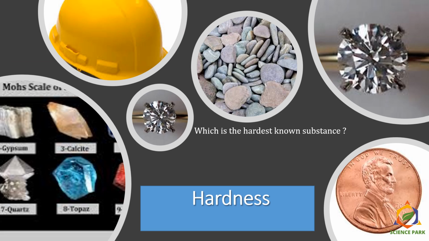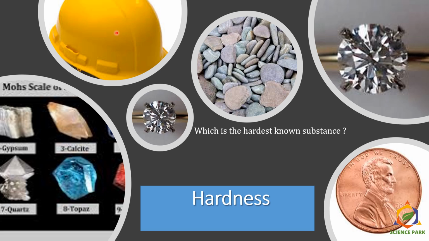Next property is hardness. We generally use hard metals, or metals which show hardness as a property, for coins. What if we used foam for coins? Anyone could break them or cut them into pieces. But what about copper coins? It is not easy to cut them into pieces.